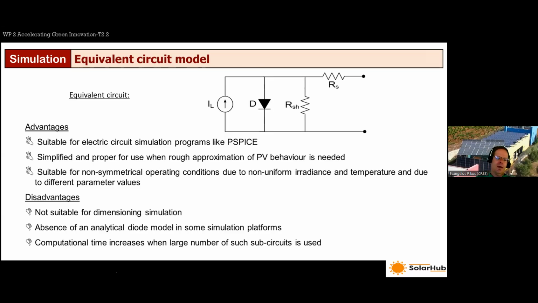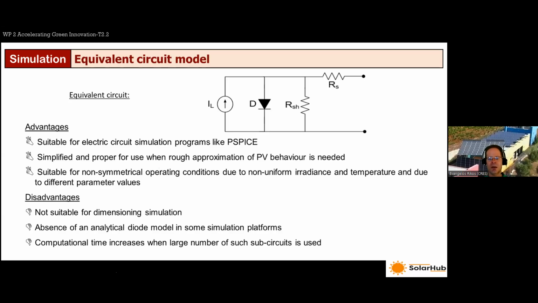Okay, as I showed before, the parametric model is also translated into an equivalent circuit that can also be used as a simulation model, right? One can use this approach here, this equivalent circuit, in order to simulate the behavior of a photovoltaic system, especially when they are more familiar with electric circuits or electronic circuits, and they are more familiar with simulation environments like PSpice.